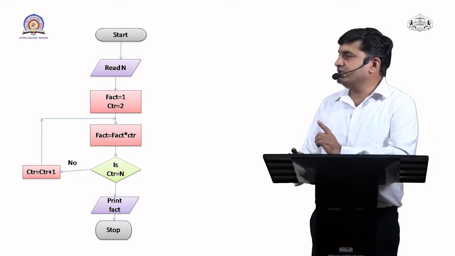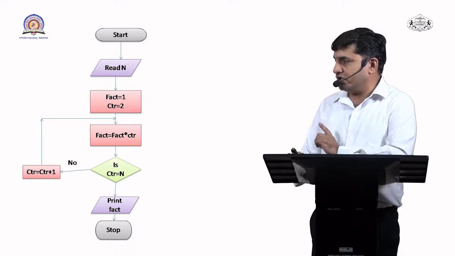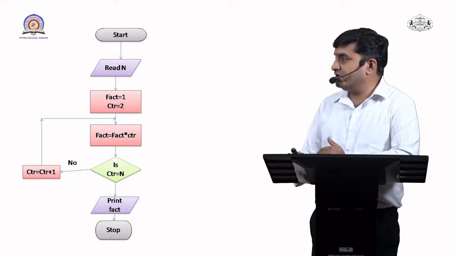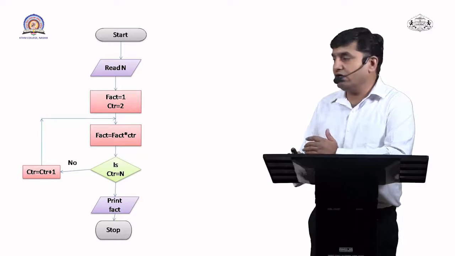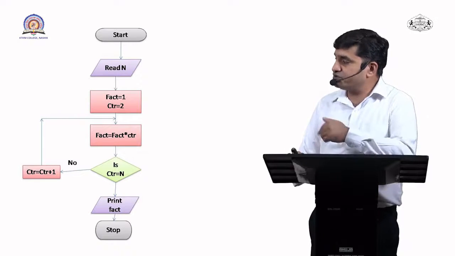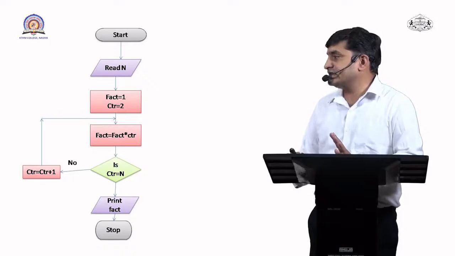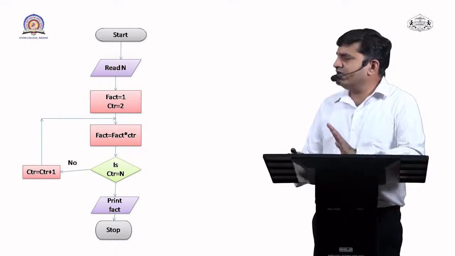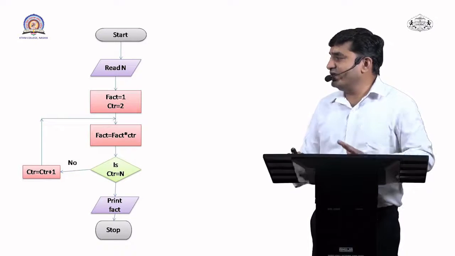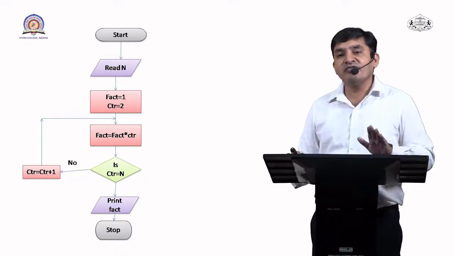Now fact is equal to fact into counter, that is 2 into 3. Again check the condition, is counter equal to n? If no, again the counter is incremented by 1. And this process is carried out until the condition is satisfied. When the condition is satisfied, then we get the factorial.